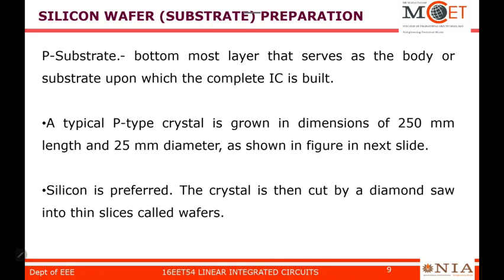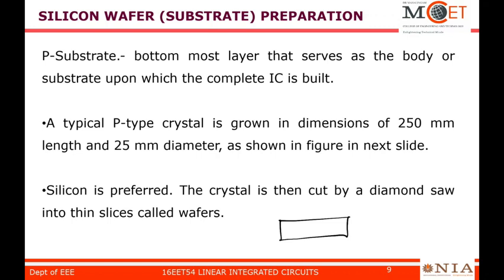This P-type substrate is the bottom-most layer that serves as the body of the substrate, upon which the complete IC is built. So the P-type substrate is the bottom of our IC. A typical P crystal is grown with dimensions of 250 mm length and 25 mm diameter, as shown in the figure. It will be shown in the next slide. Silicon is preferred.